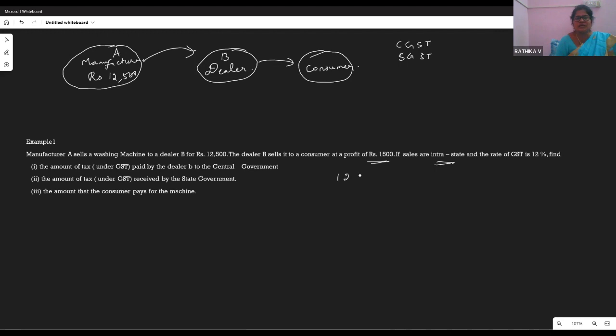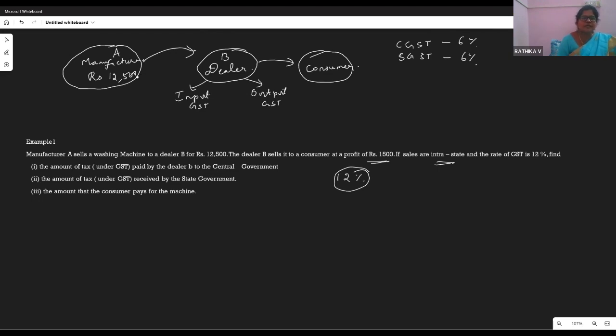So since 12% tax is mentioned, we'll be paying 6% to the central government and 6% to the state government. So the dealer, what he pays, we call it input GST, and when he is collecting it from the consumer, we call it output GST.